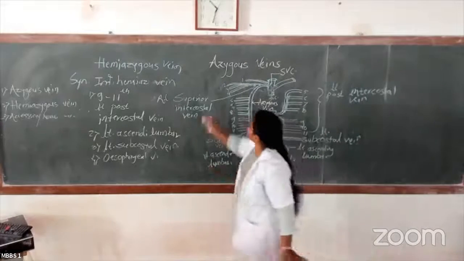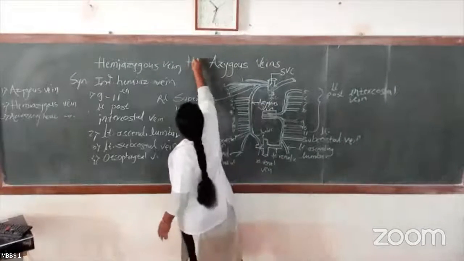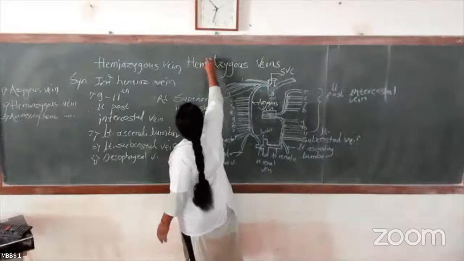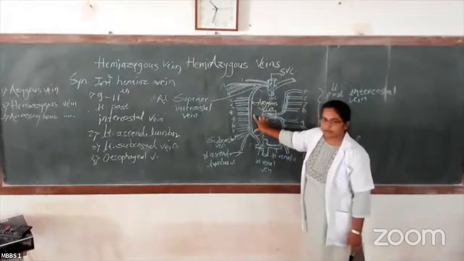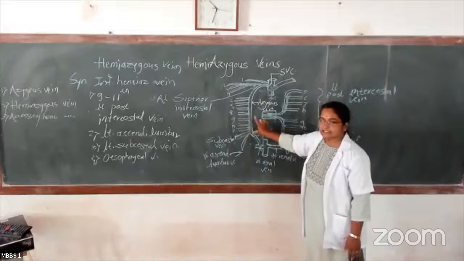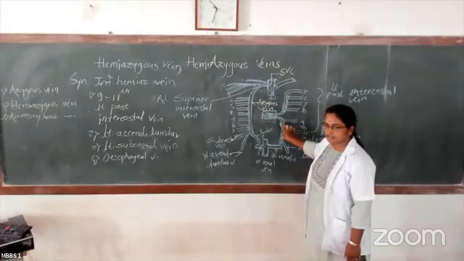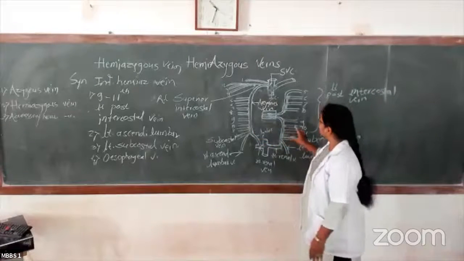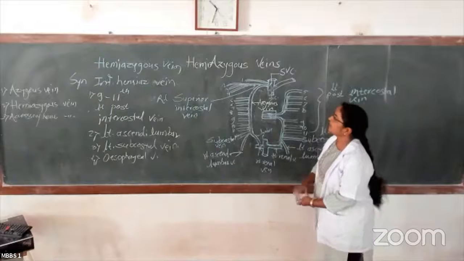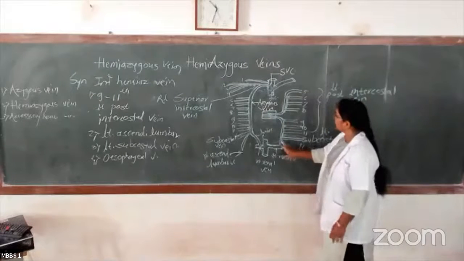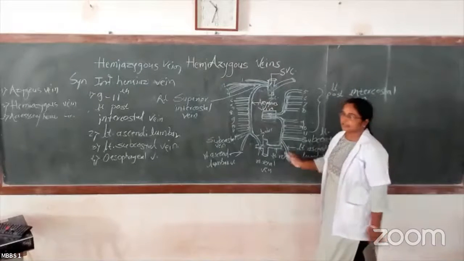So these are the tributaries of this hemiazygous vein. So hemiazygous vein here corresponds to the lower part of this azygous vein. That is, it is the mirror image of this lower part of azygous vein. That is why the synonym is inferior hemiazygous vein. The formation is also similar.